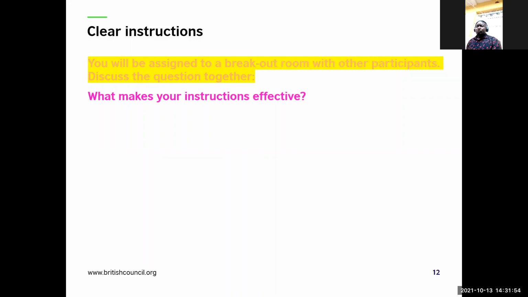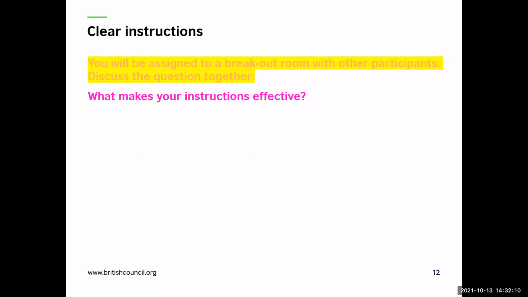Get into the rooms. You click, you will see a link. They ask you to rejoin, in French, rejoindre. Okay, so Maimouna has created the breakout rooms. You should be joining now.